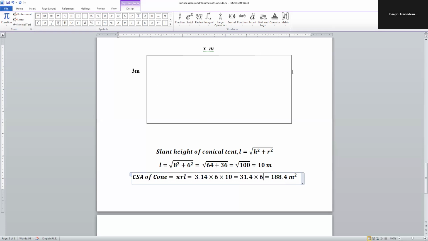The area of this rectangular sheet will be 3 into 3x. But we cannot equate 3 into x directly to this because, as seen in this question, we have wastage in cutting and extra length of the material that will be required for stitching margins.